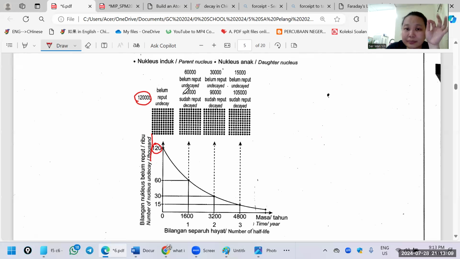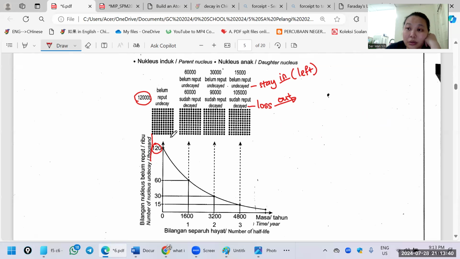Okay, decay means they lost to surrounding already. They lost out already. Undecayed means they still stay inside. Means how much is still left, right? Can imagine like still in your hand, right?